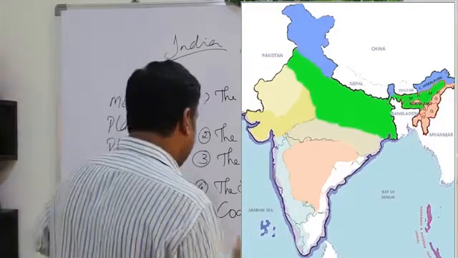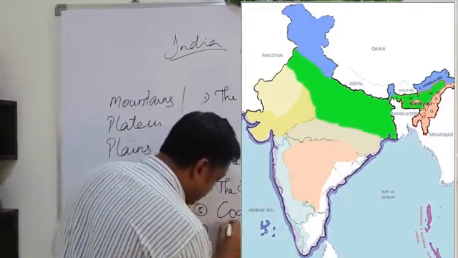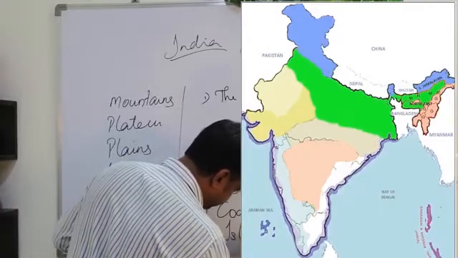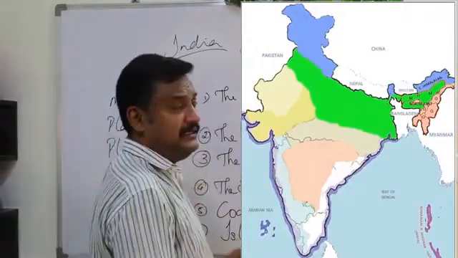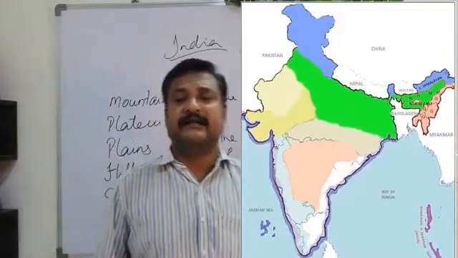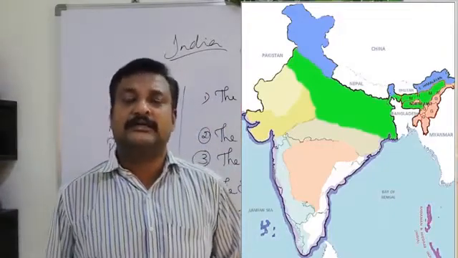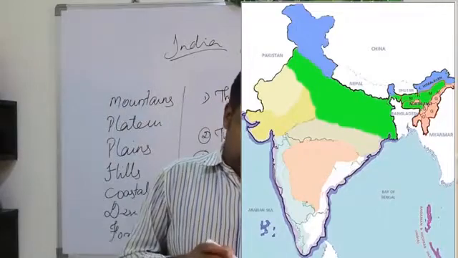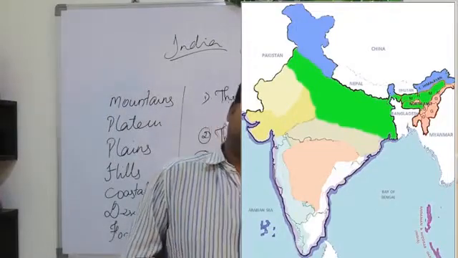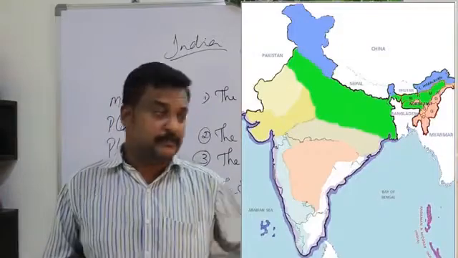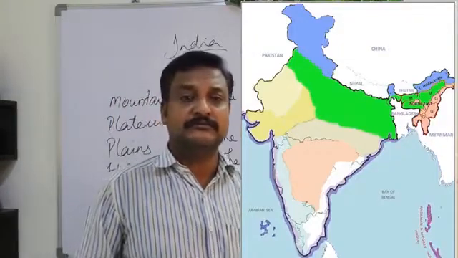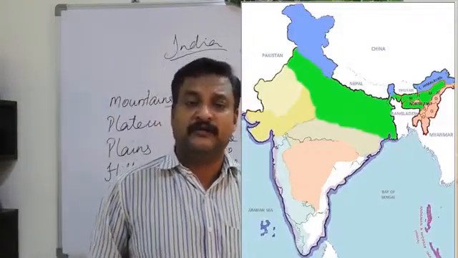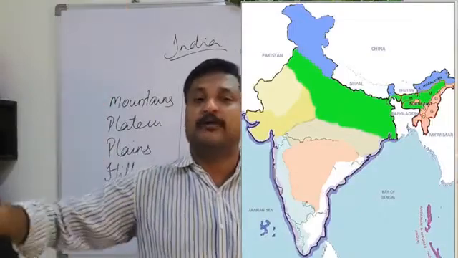And then the last we have is the islands. So what do you mean by an island? An island is a land area which is covered by water on all four sides. And we have two island groups. In the Bay of Bengal, we have the Andaman and Nicobar island groups.